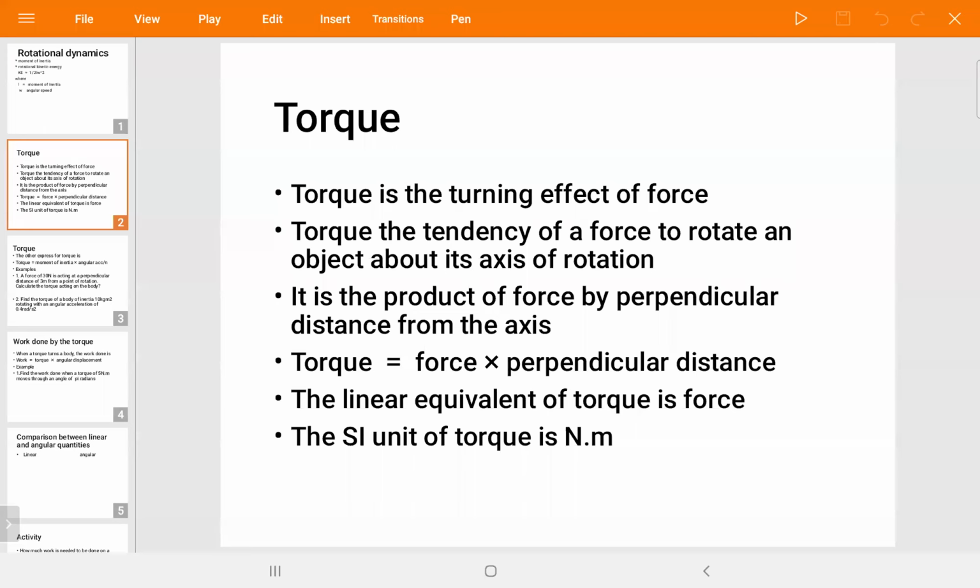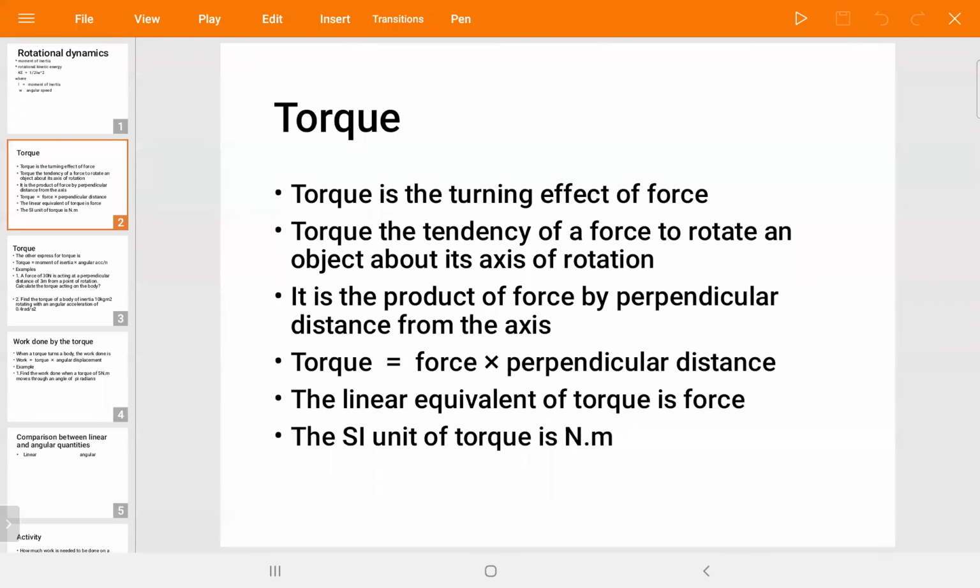For example, if you apply a force on one edge of an object, or on the tip of our pen, then the pen may rotate. And this effect of rotation is called torque. It is the product of force and the perpendicular distance from the axis of rotation. There is a distance from the pivot point up to the line of application of force.